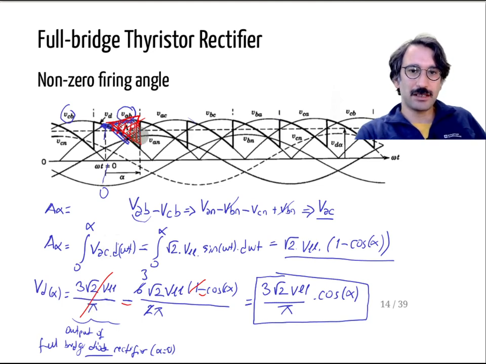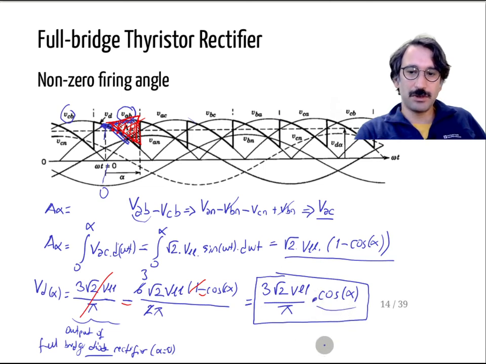Here we started from the original voltage as if it is a diode rectifier with firing angle. Then we subtracted that area, A alpha, and the effect of that area on the output voltage is 6 times that reduction divided by 2 pi. When you do the subtraction, those terms cancel each other, so you have the original term times cosine alpha.